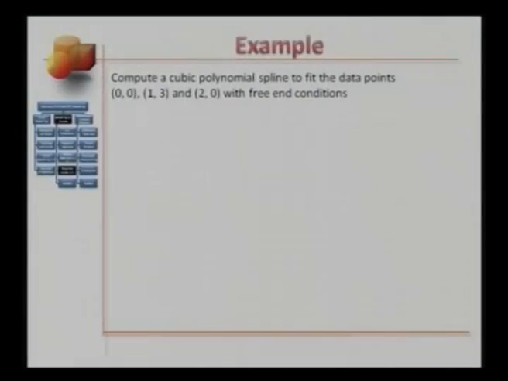Let's work with an example. Compute a cubic polynomial spline to fit the data points 0, 0, 1, 3, and 2, 0 with free end conditions. Let's assume the three knot values as t0 equals 0, t1 equals 1, and t2 equals 2.